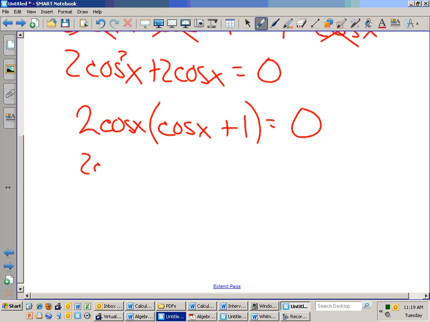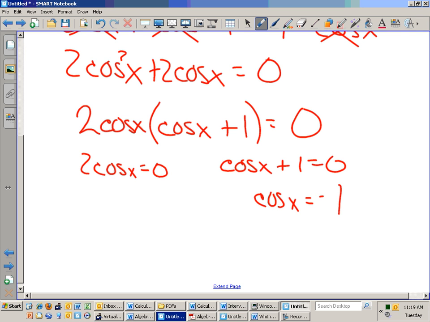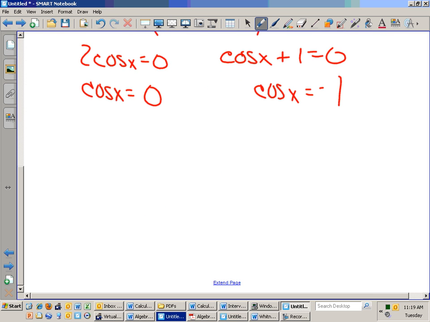Good. Where's cosine equals 0? Yep. Where's cosine equals -1?